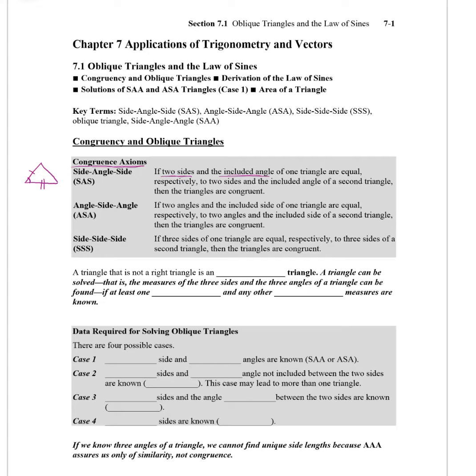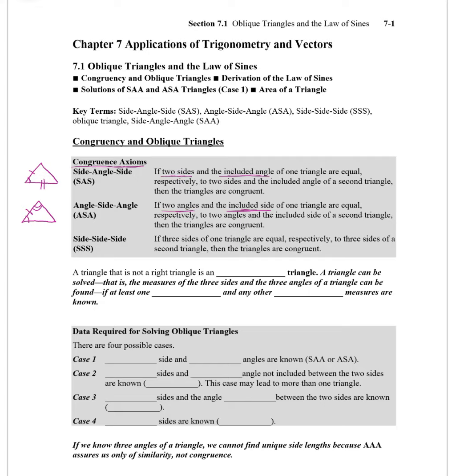The second one, if we're given a triangle that has 2 angles and an included side. So suppose that we're given 2 angles and then the included side. If you have another triangle that has the same measures of those 2 angles and the same length of the side, then those 2 triangles are congruent to each other.